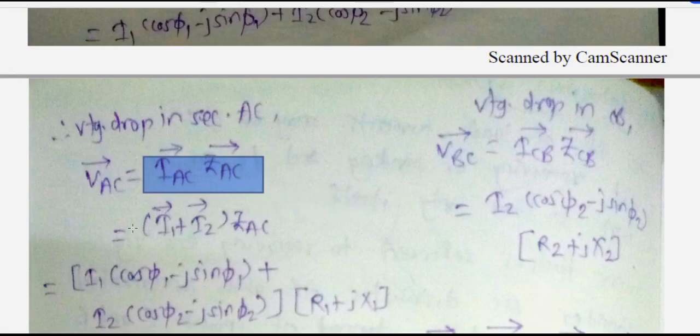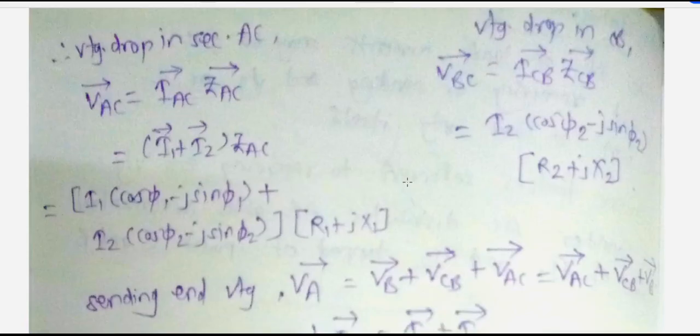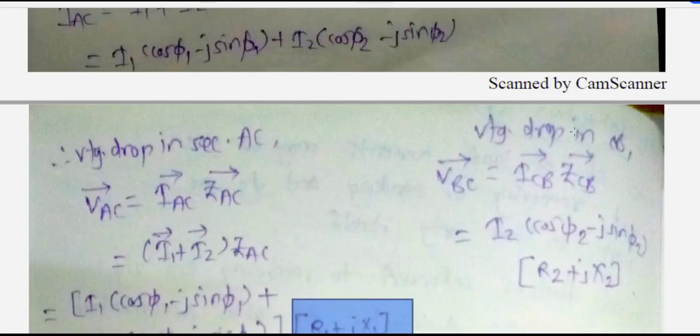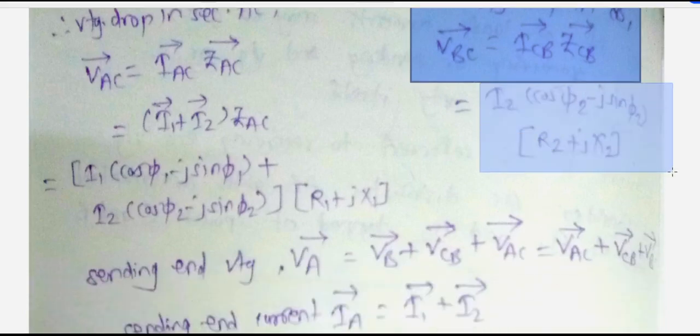So IAC is simply I1 bar plus I2 bar, and ZAC we have calculated earlier, so we put it here like this. In the same way, the voltage drop in CB can be calculated as ICB into ZCB. Now put the values of ICB and ZCB, and we will get this final equation.